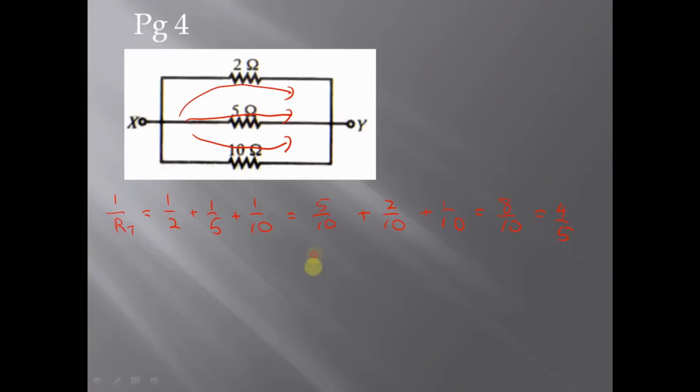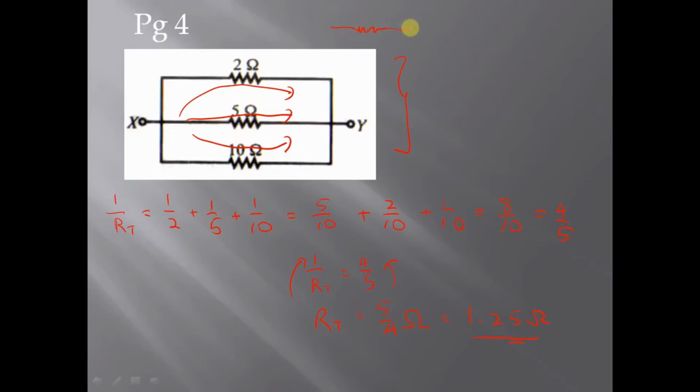So same thing, remember 1 over total is just 4 over 5. In order to get the final answer, putarkan pada step terakhir, total resistance becomes 5 over 4. Okay, so you can leave it in terms of fraction, tak ada masalah. Kalau you tak nak, you boleh buat dalam bentuk perpuluhan, 1.25 ohm. So that's the answer.